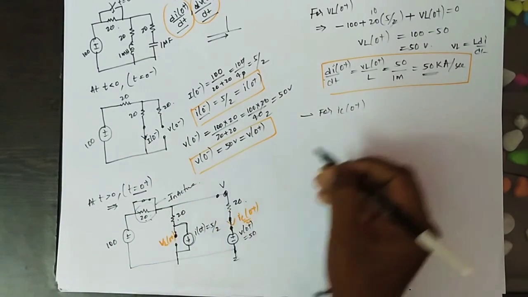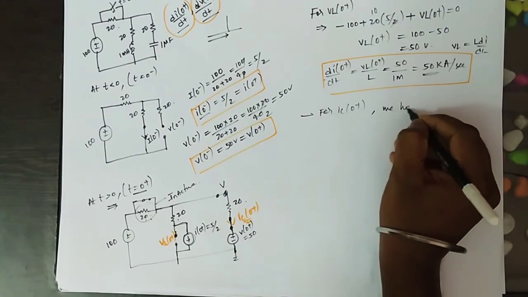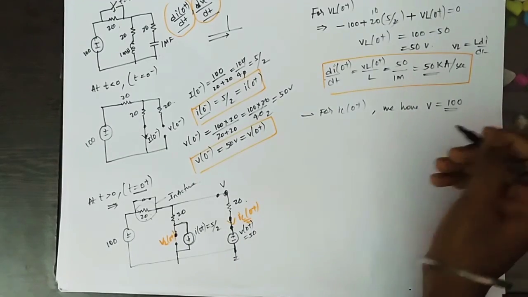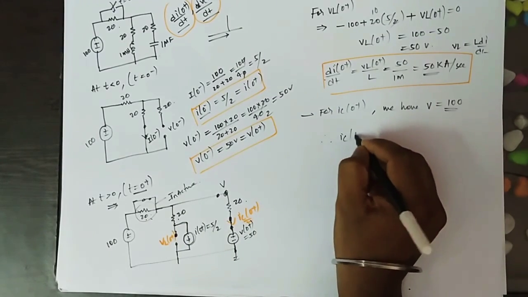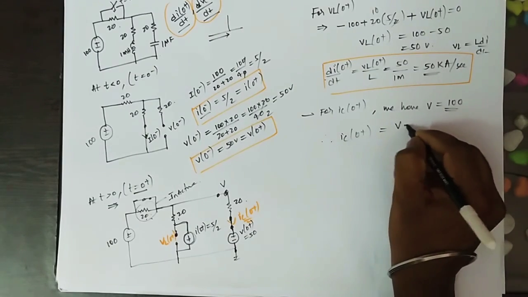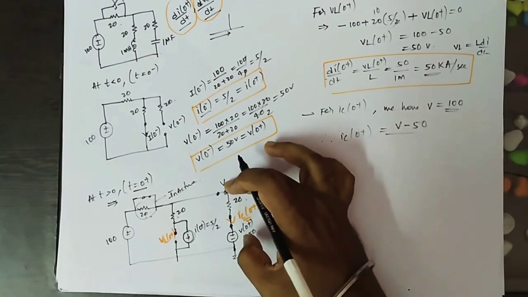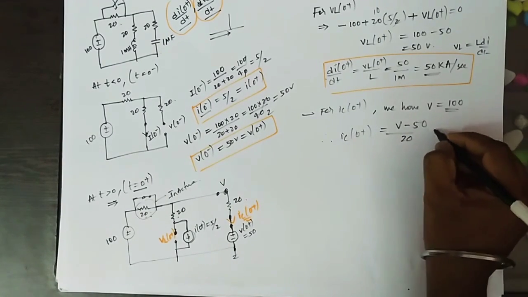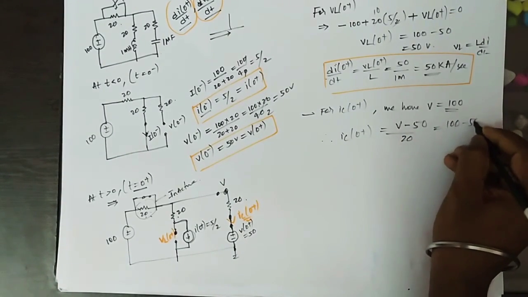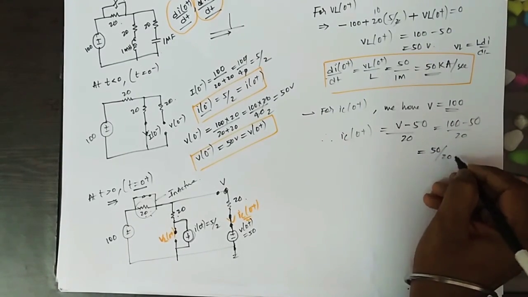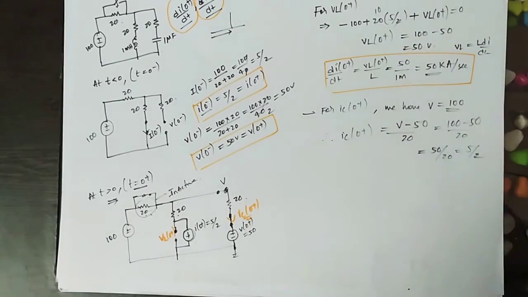Therefore for IC of 0 plus, I can write the current equation: 100 minus 50 by 20, which gives 50 by 20, that is 5 by 2.